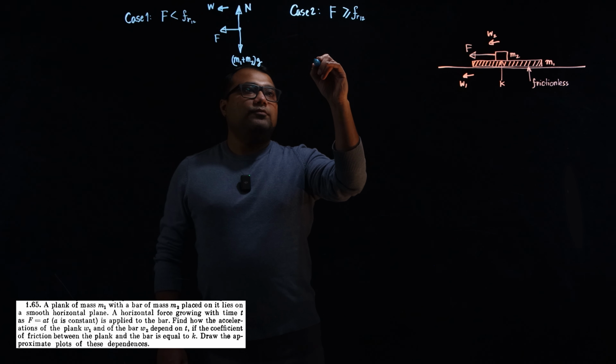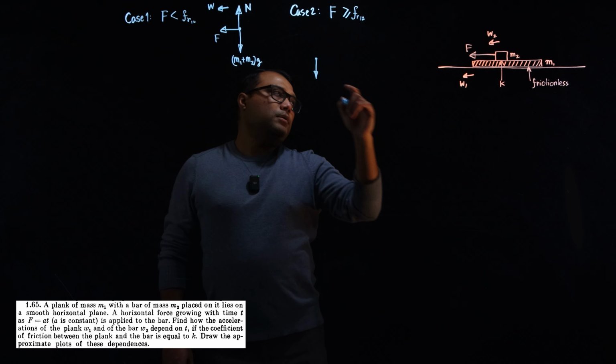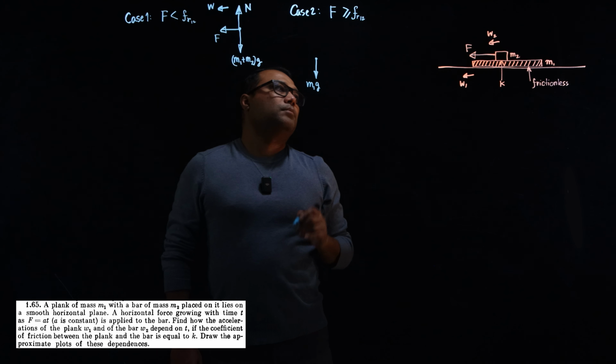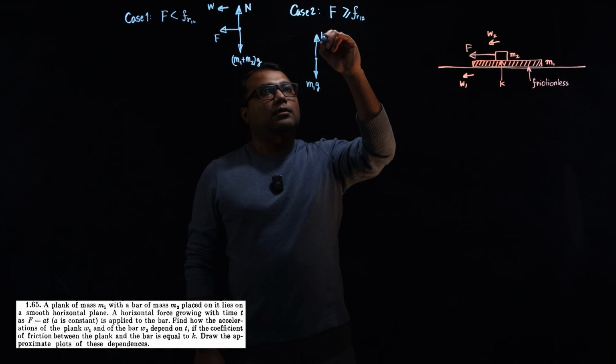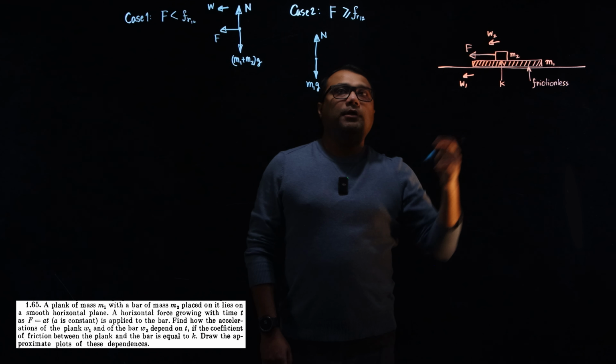So, for m1 the free body diagram will be, so m1 is here, m1g. There is some normal reaction by this surface on m1.